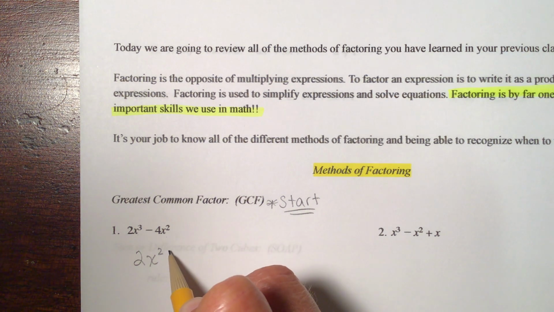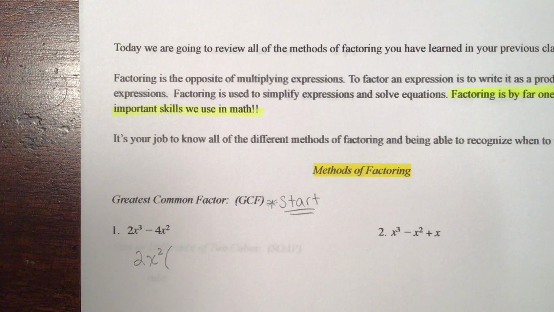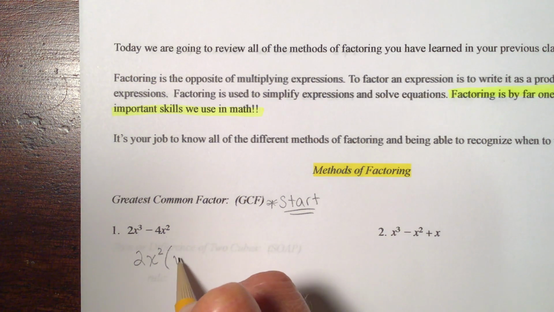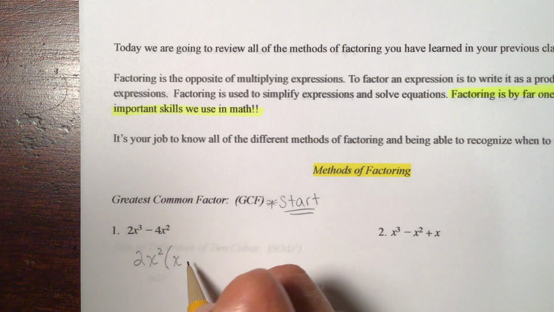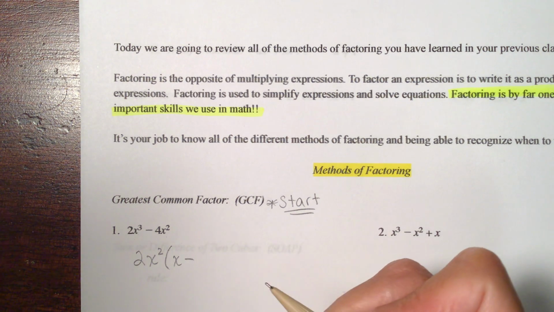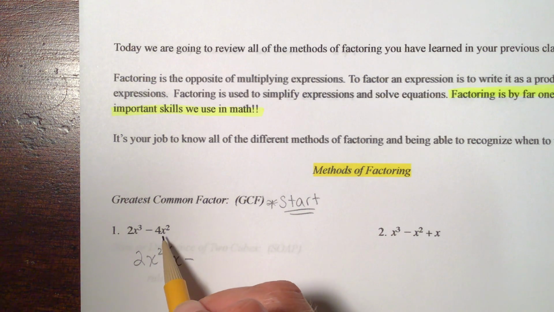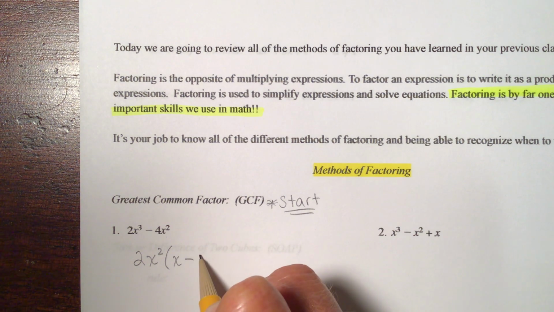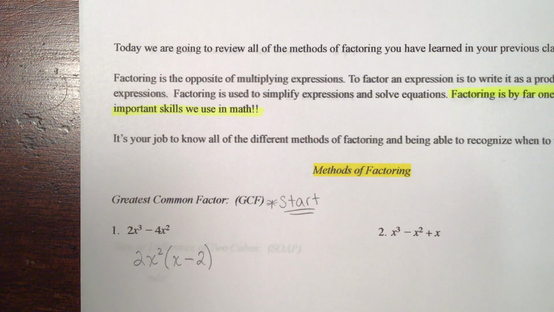So I factor out the GCF. I'm going to open up a set of parentheses, and I say in my head, you can divide it out, or you can say, what would I have to multiply 2x squared by to get 2x cubed? And that would just be an x. Minus, just bring down that minus sign. And again, what would I have to multiply 2x squared by to get 4x squared? And that would be a minus 2. So this would be factored.